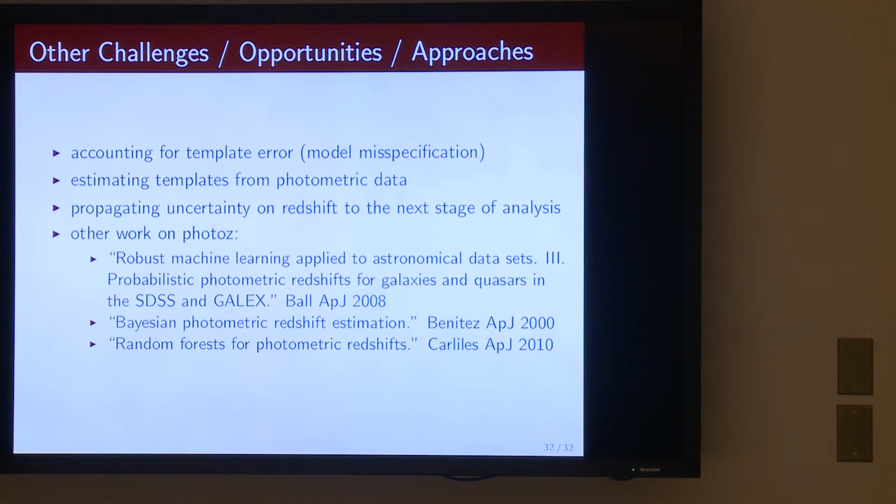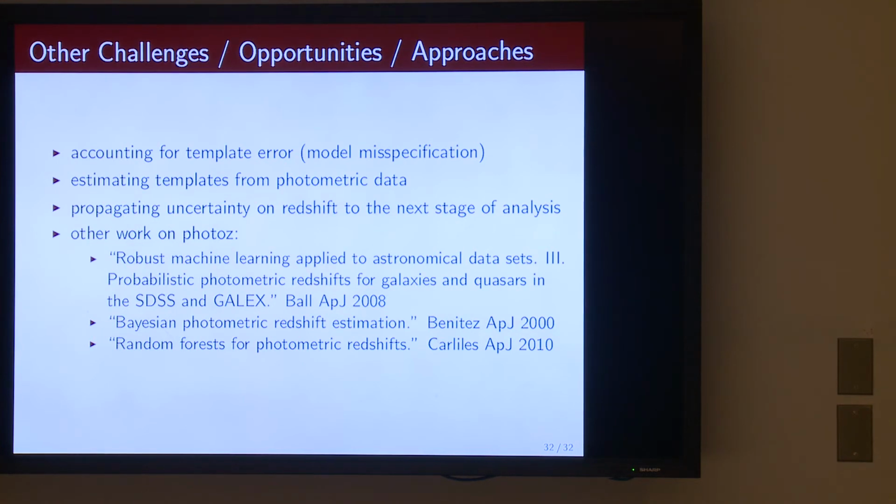The other thing that you can do is try to put this into more of a hierarchical model rather than using a totally separate set of templates to estimate the redshift for some given photometric data you have.